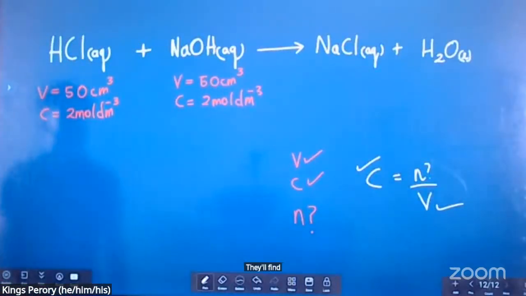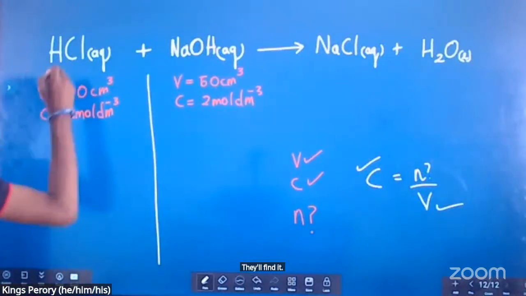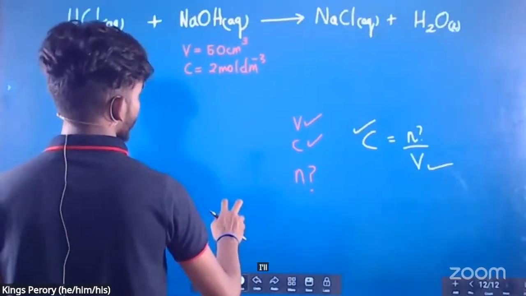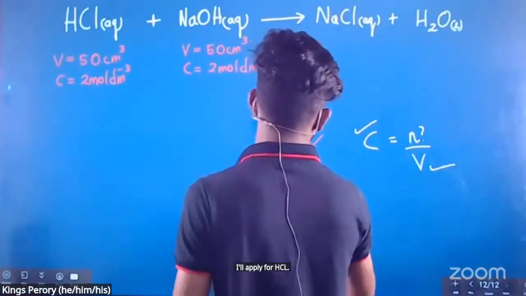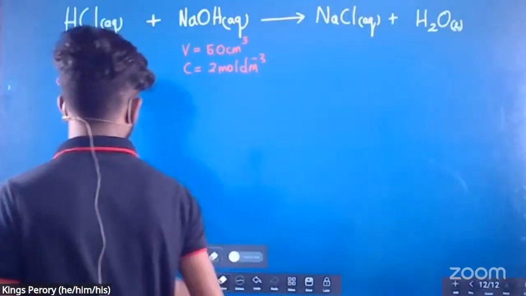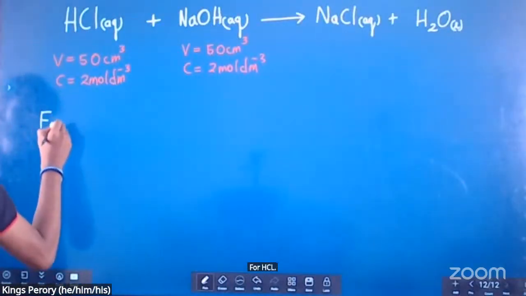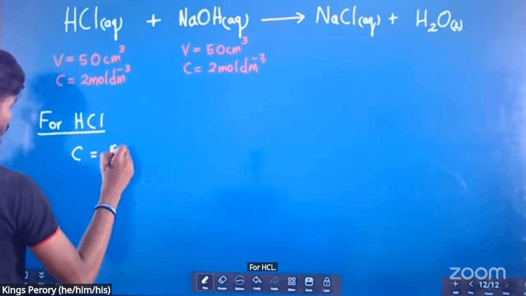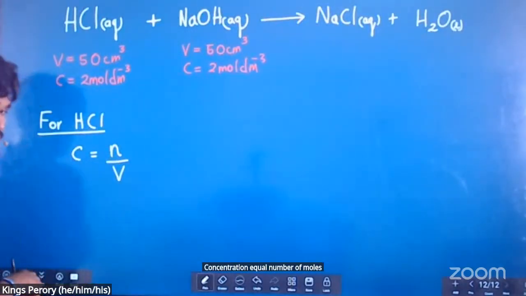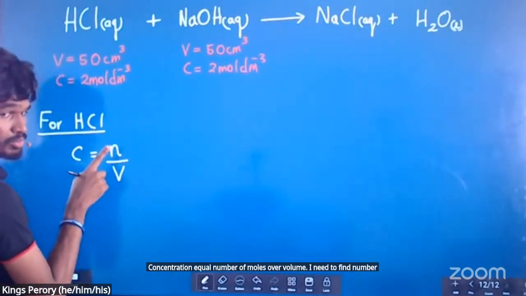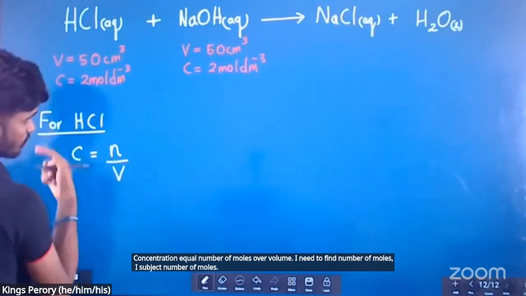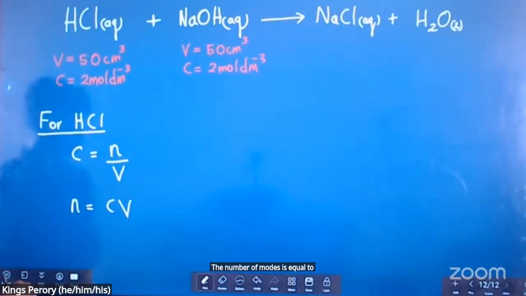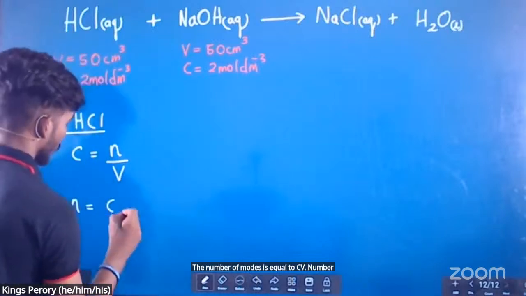I'll apply it for HCl. I need to find the number of moles, so I subject the number of moles, and volume goes to the other side. The number of moles n is equal to CV.